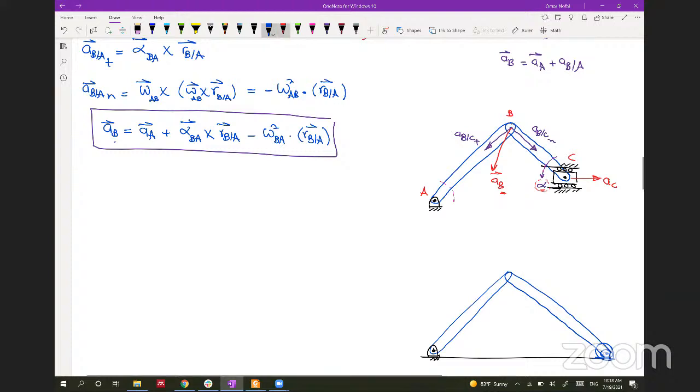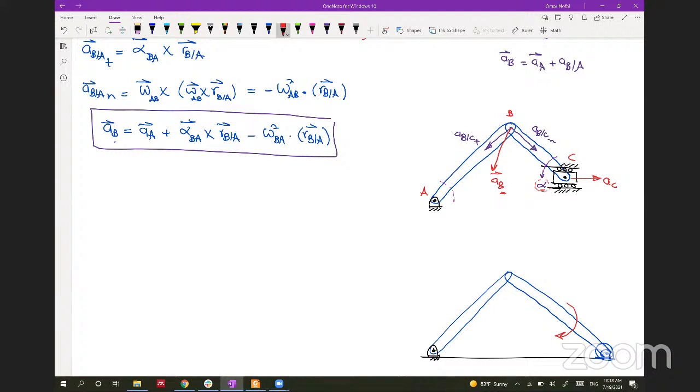And you know that this body has an omega in this direction. Actually, let's draw it better. This is counterclockwise.